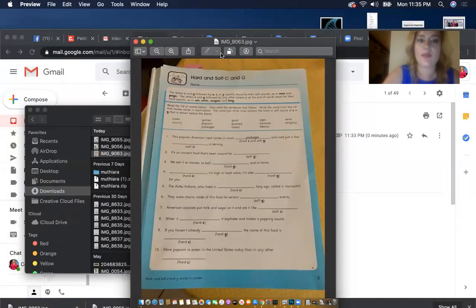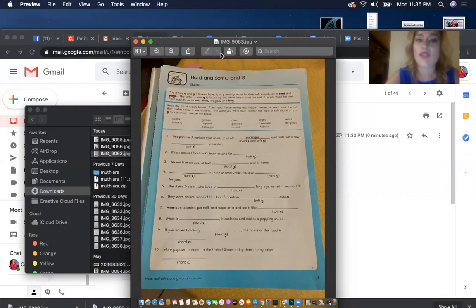So, ¿qué es lo que dice? Las letras C y G seguidas por la E, I latina o Y usualmente hacen el sonido más suave, como en cent y page. Cent de centavo y page de página.